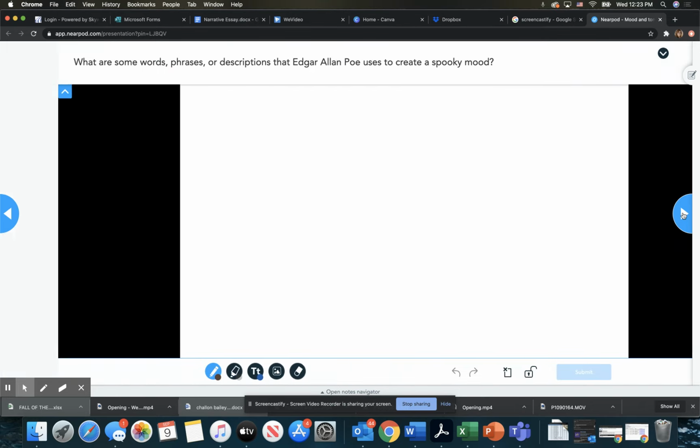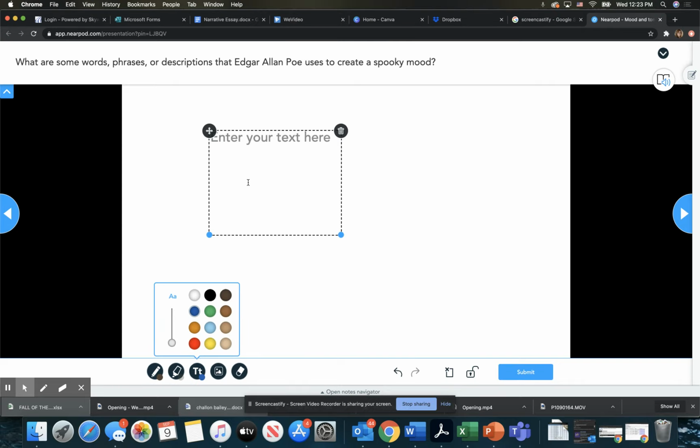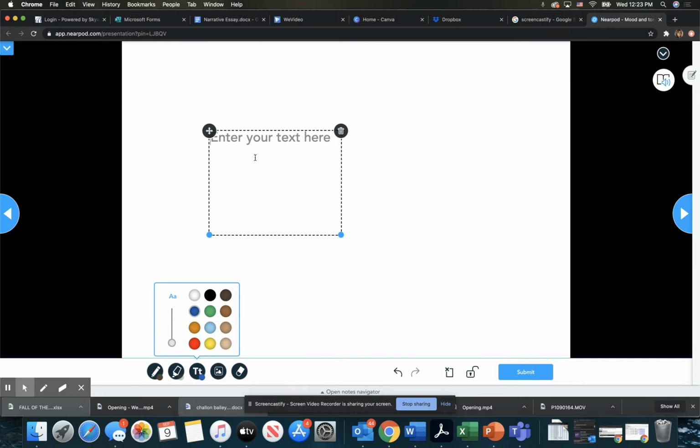And as you go, I'll have some work for you, because you can use this space to type in your Nearpod. So, what are some phrases that he uses? I'm going to pull in some examples here that I just pulled from the text. Dull, dark, and soundless day. And that is on page 13.